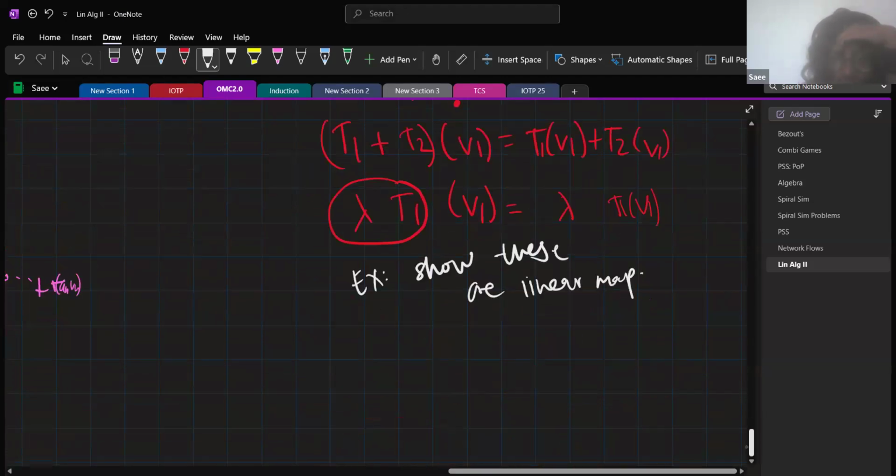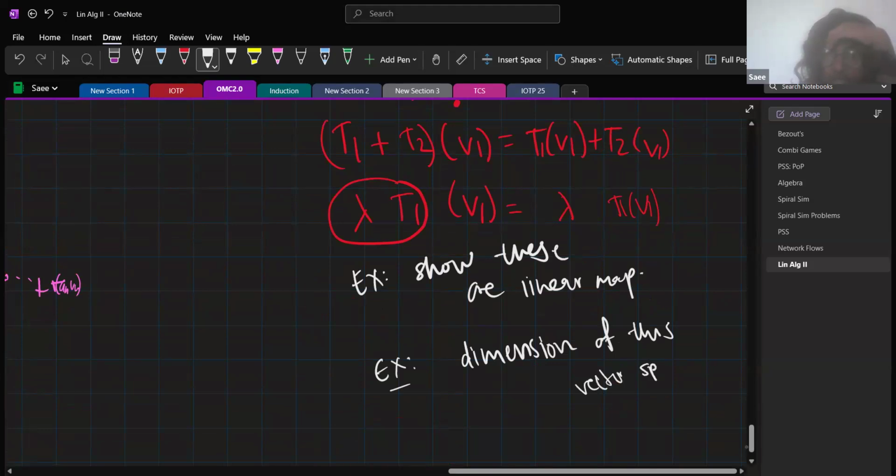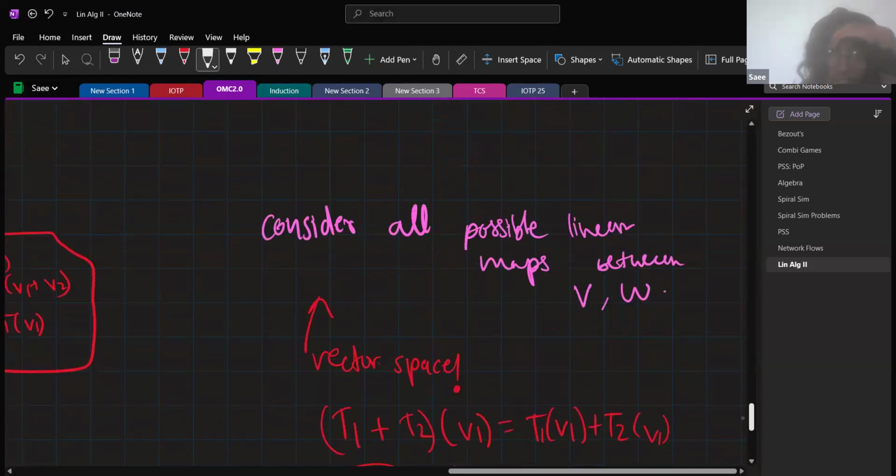A nice exercise is to try to calculate the dimension of this vector space. Quite neat.